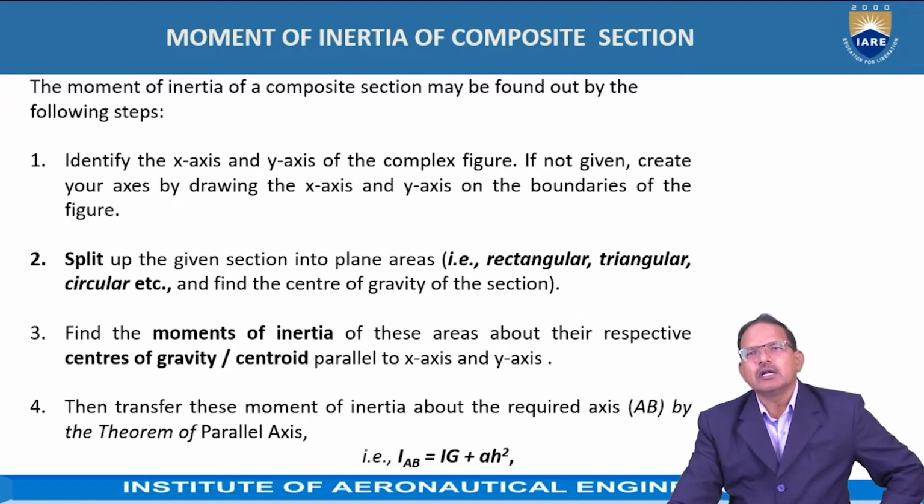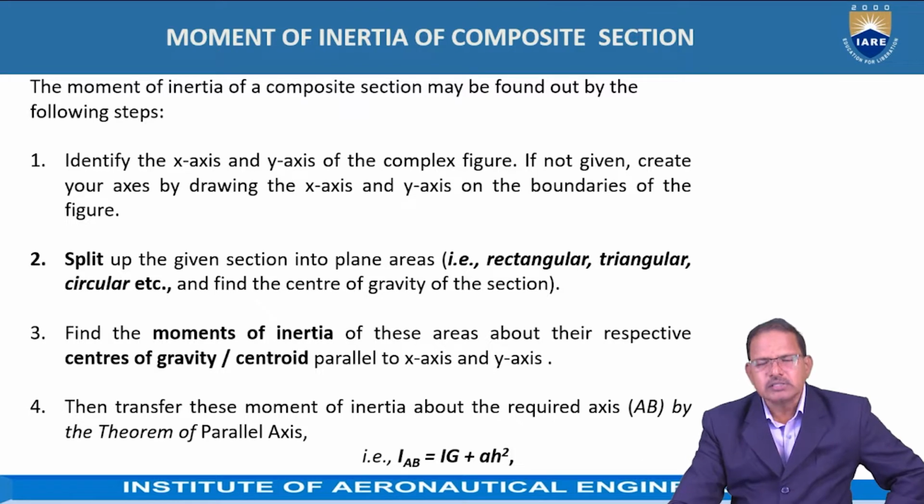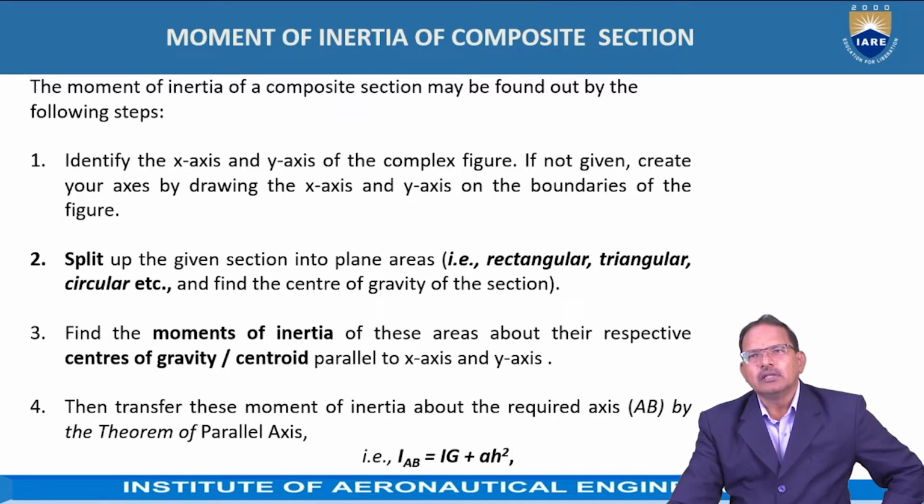If the figure is not at all symmetrical about the x-axis and y-axis, then the axis which is passing through the bottom of the figure is taken as the x reference axis. The vertical line which is passing through the extreme left of the given figure is treated as the y-axis.